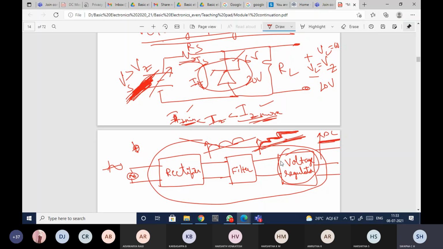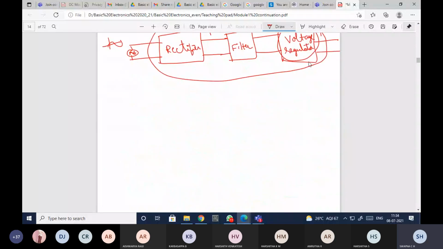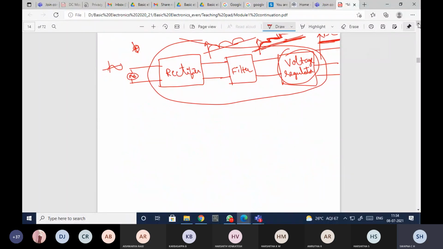This is the concept of the voltage regulator. Hope this is clear to you. I have just given you a very basic introduction, and I have not yet gone into what is actually to be done here. I have just explained how the voltage regulator works.